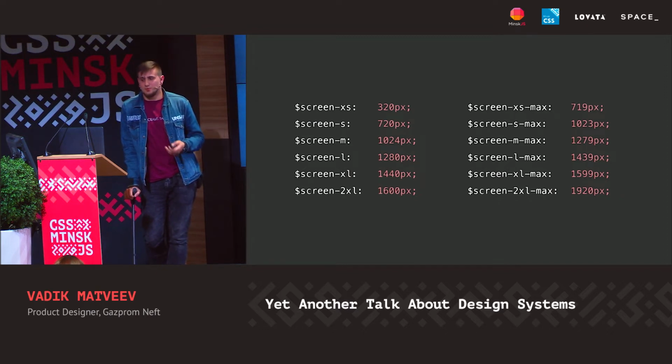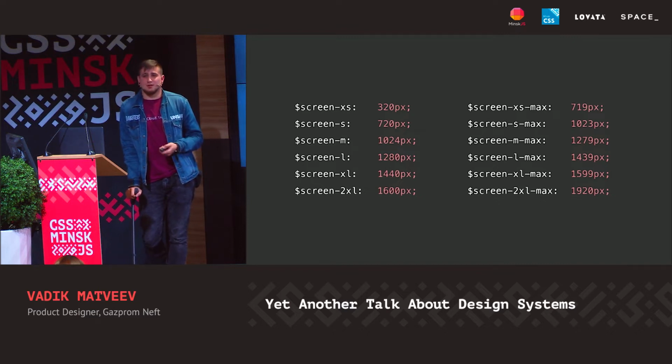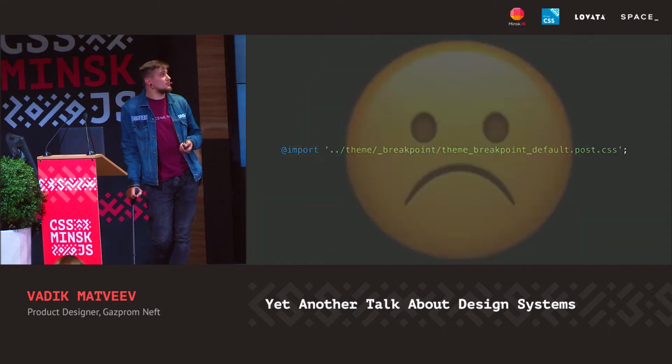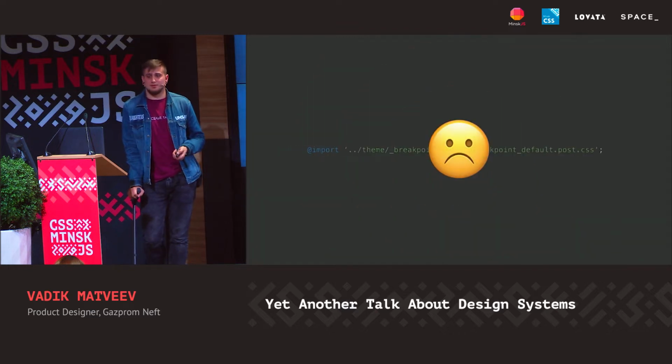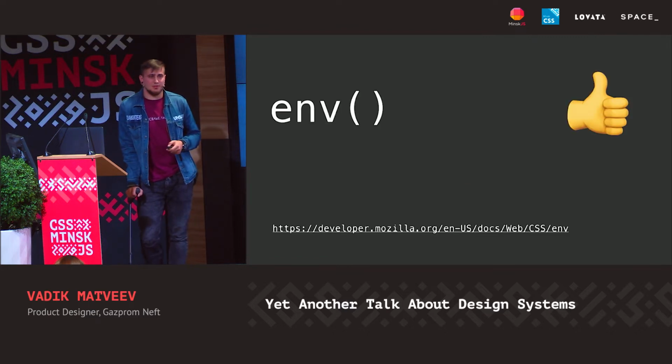For that reason, we're forced to use PostCSS. It would not be so bad if we didn't have to import these variables in every CSS file where we use media queries. But the good news is that the new native CSS variable env is near. It might solve the problem with media queries. We'll wait.